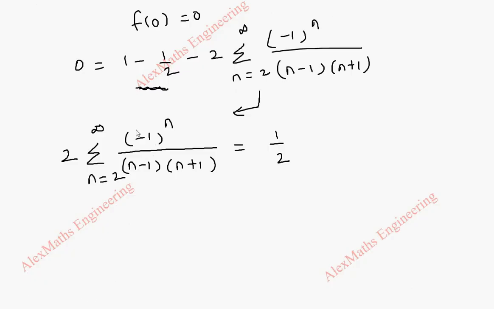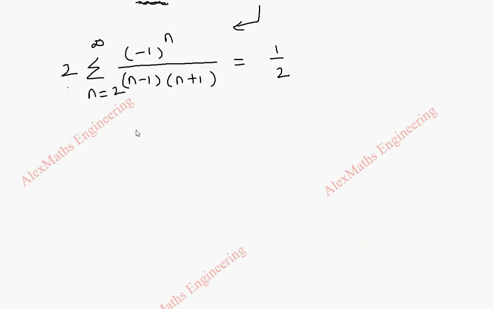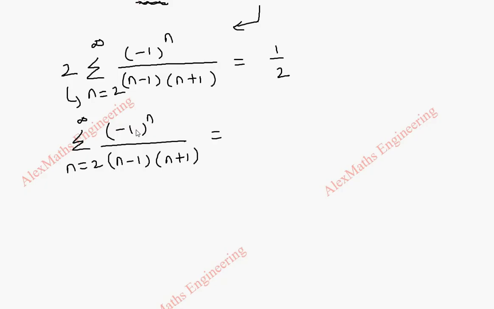Now we are going to take this 2 to the other side. So what happens? Summation n is equal to 2 to infinity minus 1 whole power n divided by n minus 1 into n plus 1 equal to 1 by 4.